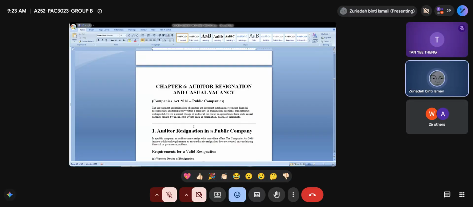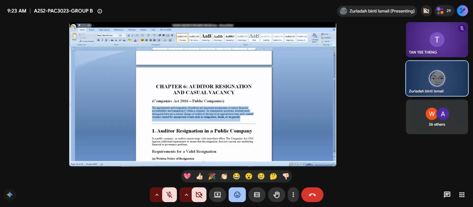In terms of auditor's resignation, auditor resignation is one example of casual vacancy. Casual vacancy can also be caused by death or bankruptcy.